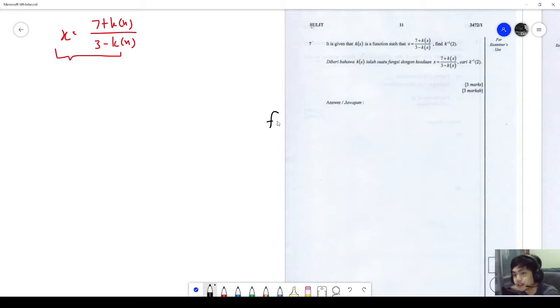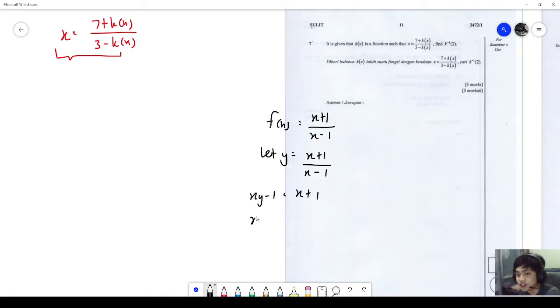function. For example, let's say f(x) equals x plus 1 over x minus 1. Usually when we want to inverse a function like this, we let y equal the equation. So let y equal x plus 1 over x minus 1, and then we solve the equation and make x the subject.